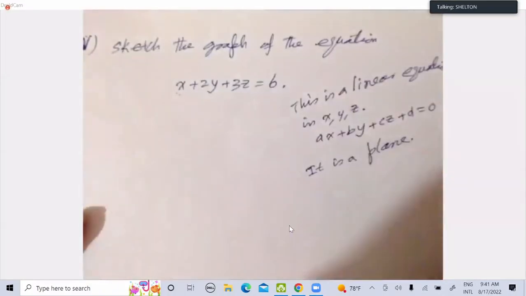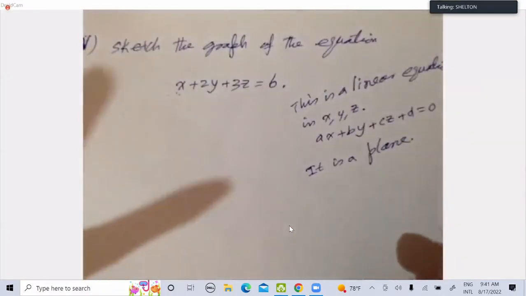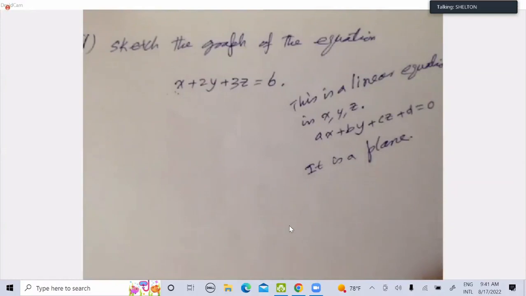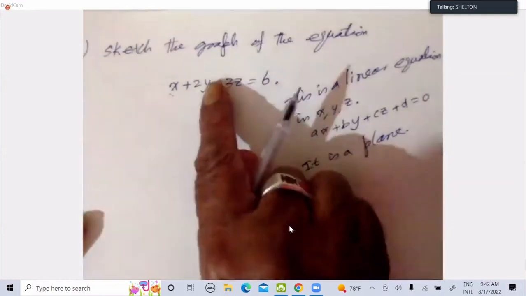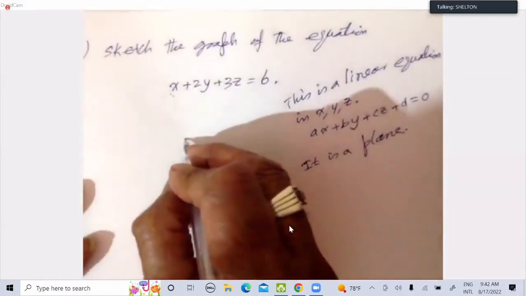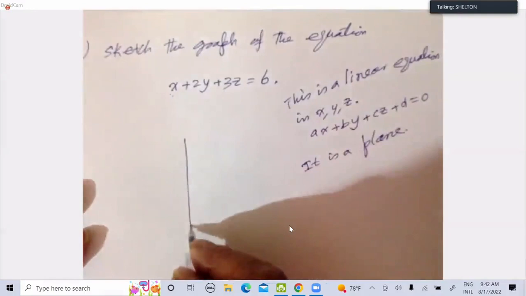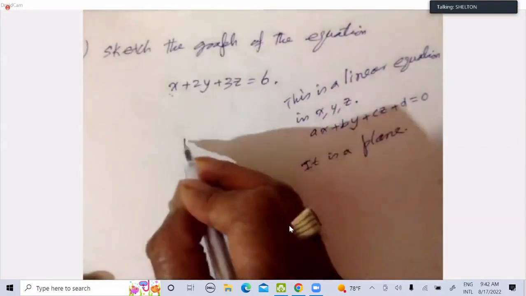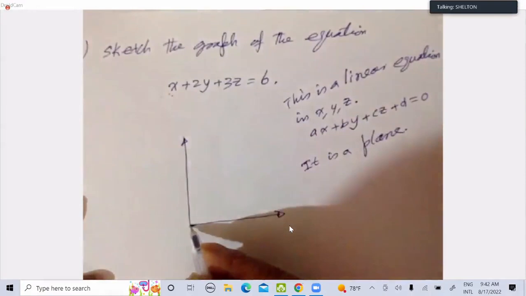How do you plot it? To plot a plane, I need 3 non-collinear points. The best way to draw this is to find the places where it crosses the x-axis, y-axis and the z-axis.